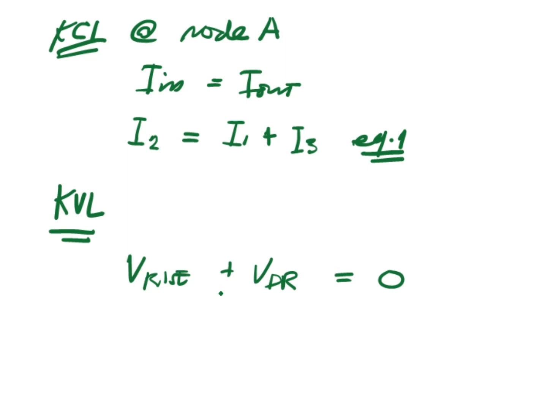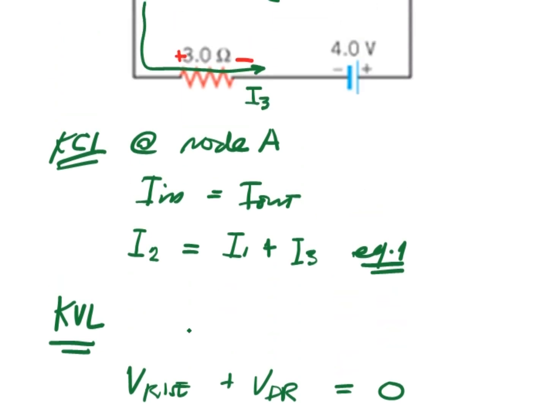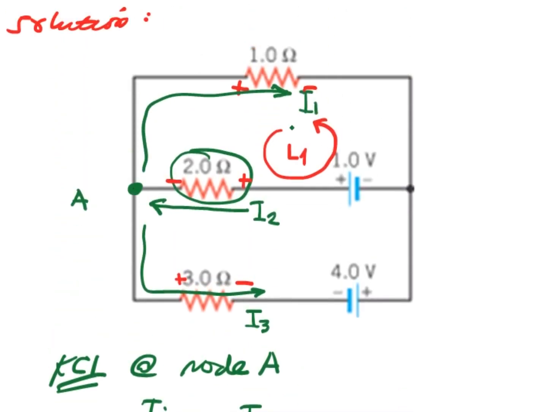Therefore, by magnitude, V rise is equal to V drop. So if we will apply KVL to the upper part of this circuit, to loop 1, again, be consistent.